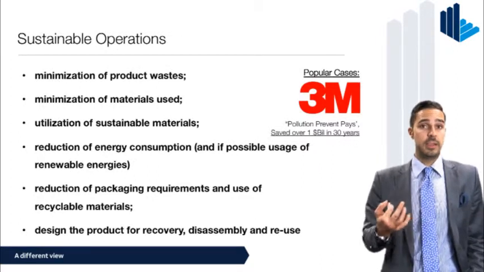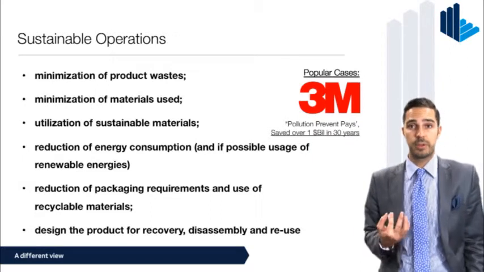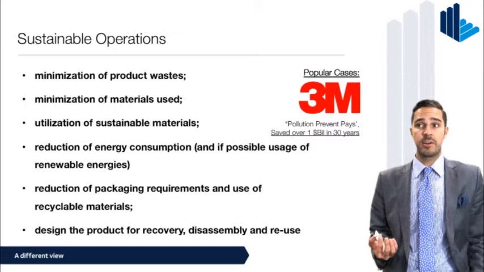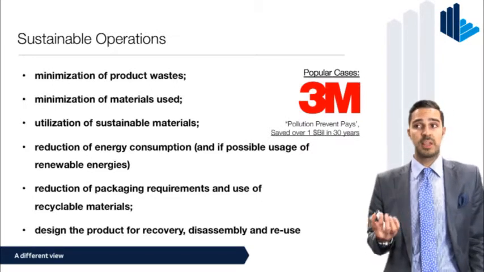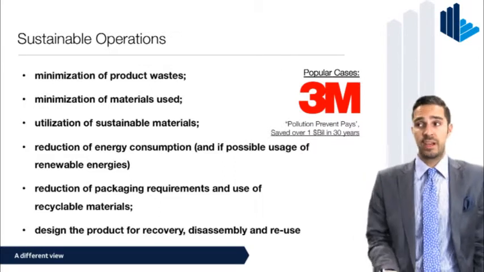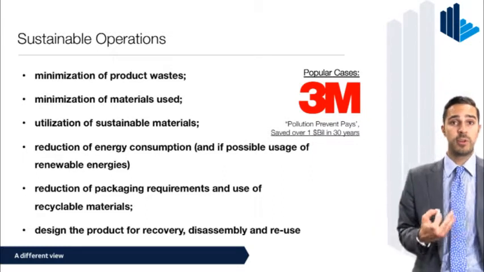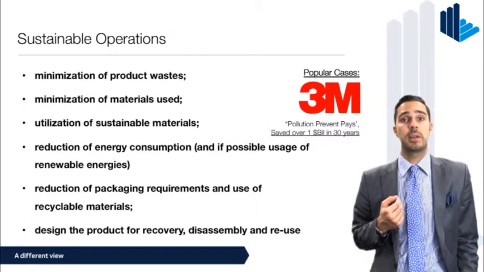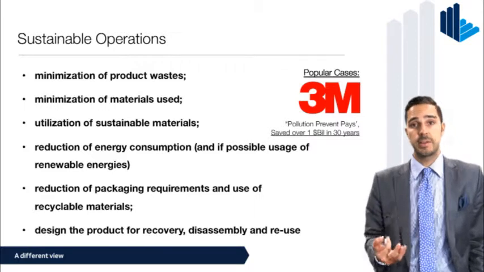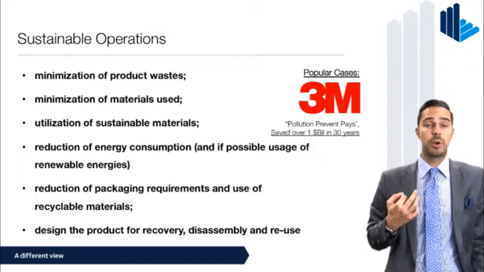Basically, sustainability in manufacturing calls for a number of things, including, of course, minimization of product waste, minimization of materials that are used, utilization of sustainable materials, so for example recycled materials, reduction of energy consumption, and of course, if it's possible, use of renewable energies for production, reduction of packaging requirements and the use of recycled materials for packaging, and also a different approach to product design.